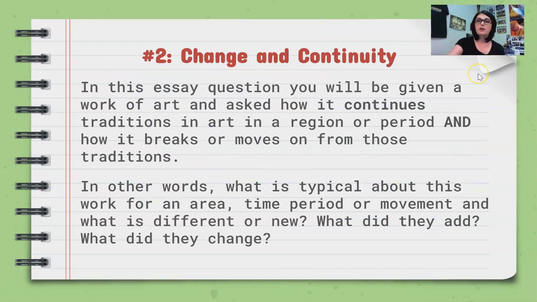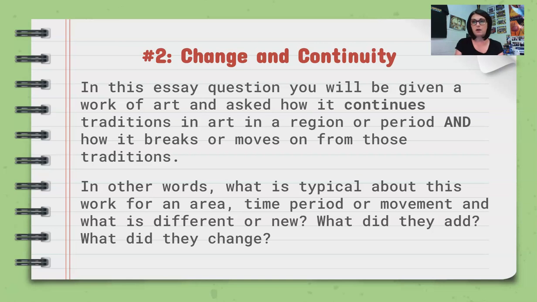So another question you're going to come across in the SAQs is change and continuity. And this is as simple as it sounds. The wording just gets in the way. All you're really looking for here is how this work of art continues early traditions, right? So they'll say continuity or continues.